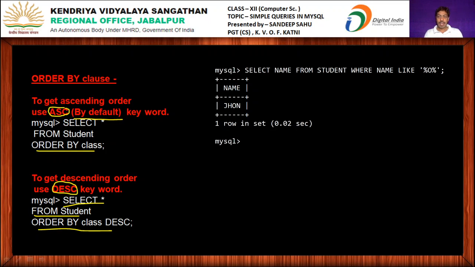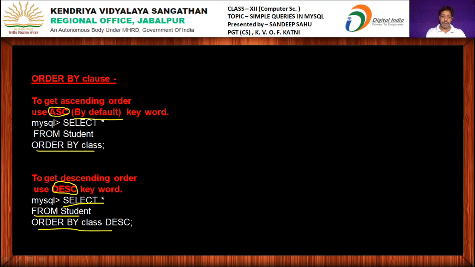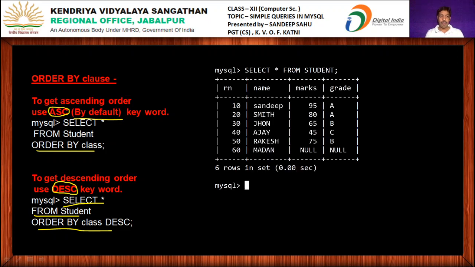Let's understand it with the help of an example. Again, let's see our table. Suppose I want to arrange the records in ascending order of marks. Then what should I write here? Select * from student order by marks.